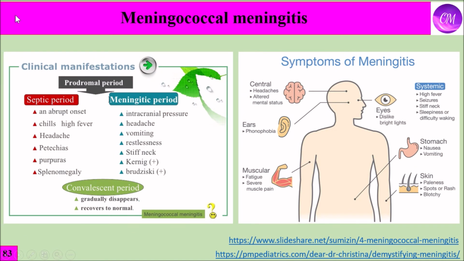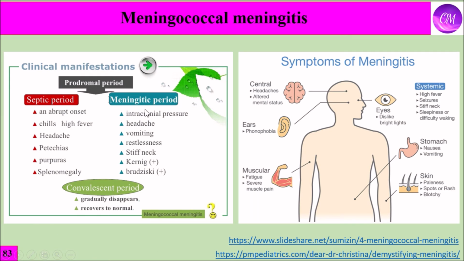And here we see the clinical manifestations and symptoms of meningitis. There is a prodromal period that continues to the septic period and meningitis period and the recovery period. In the septic period, there's an abrupt onset, chills, high fever, headache, petechiae, purpura, and splenomegaly.